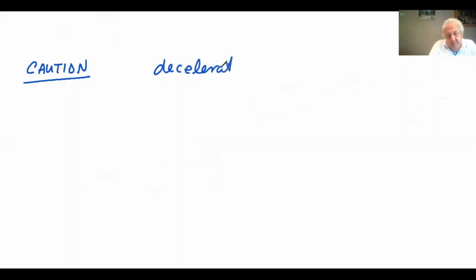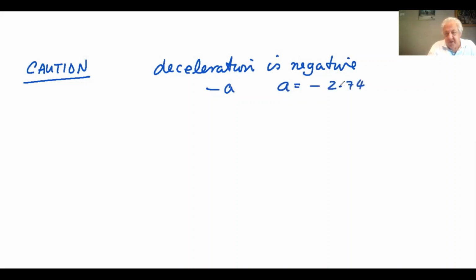The point is this. Normally it's said that a deceleration is negative. So you put minus a, or if you have a number you put minus 2.734.